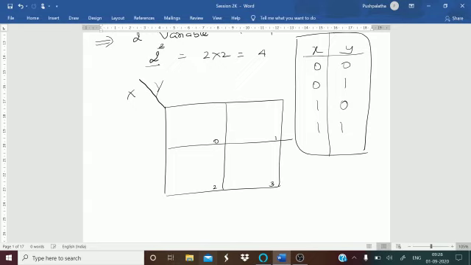So X can be either 0 or 1. Let us take this X as 0 and this as 1. In the same way, Y can be either 0 or 1.